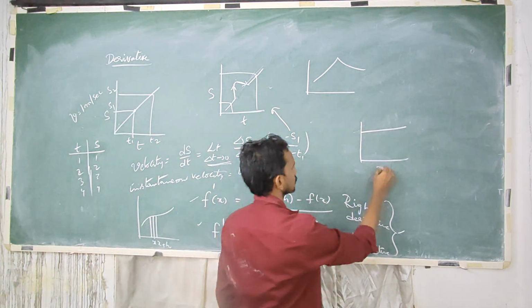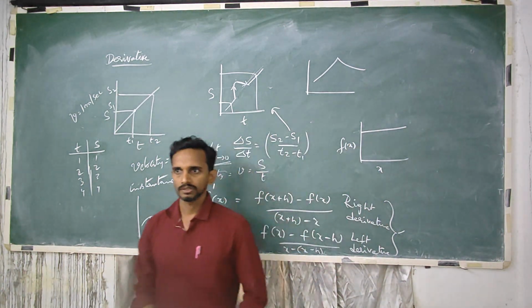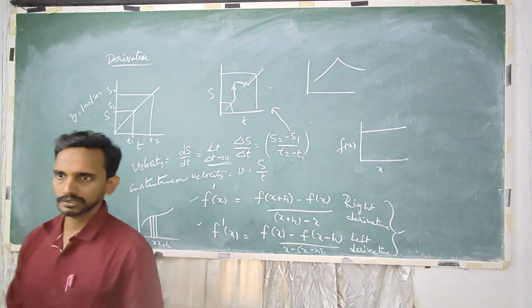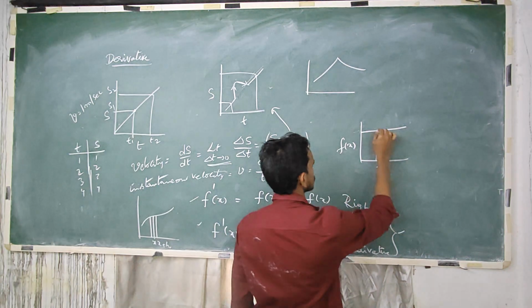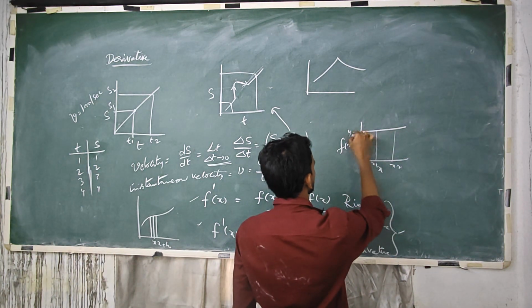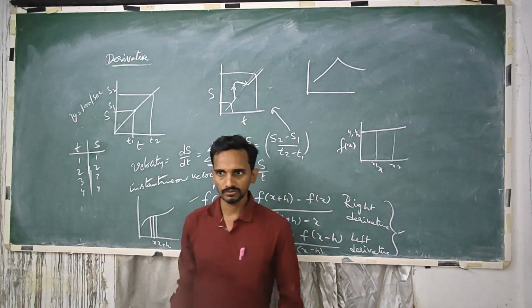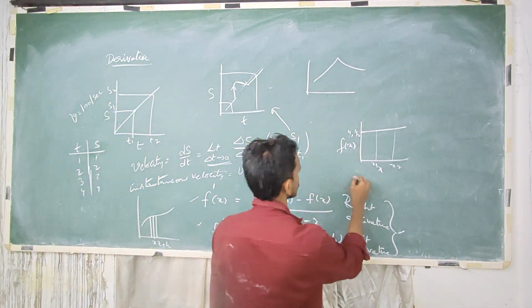What is the slope? How to calculate slope? You take 2 points, x1, x2, y1, y2. Both y1, y2 fall at the same location. So what is the slope?